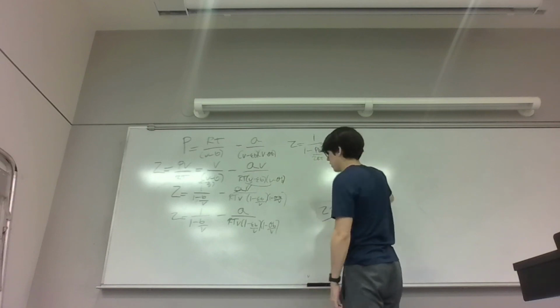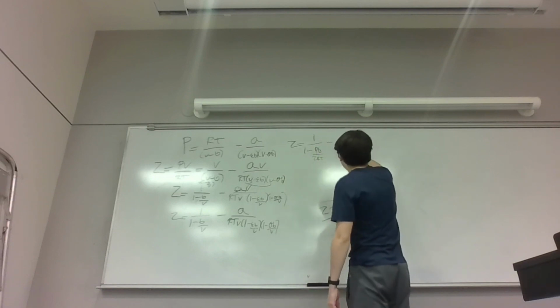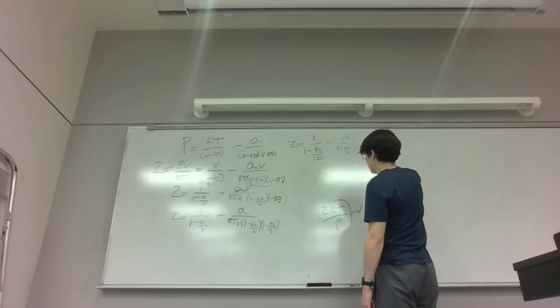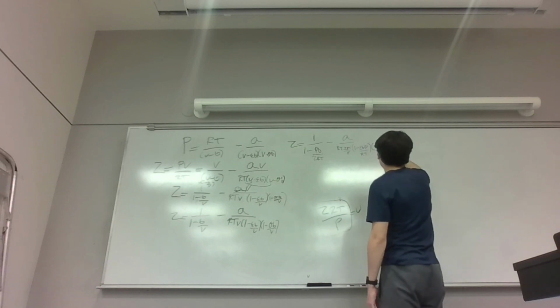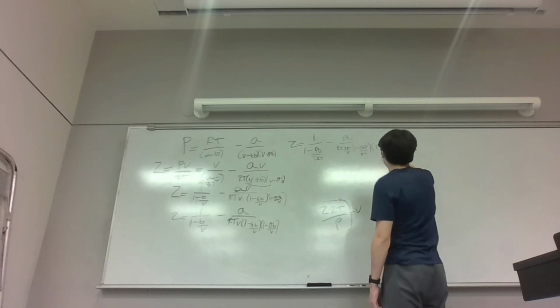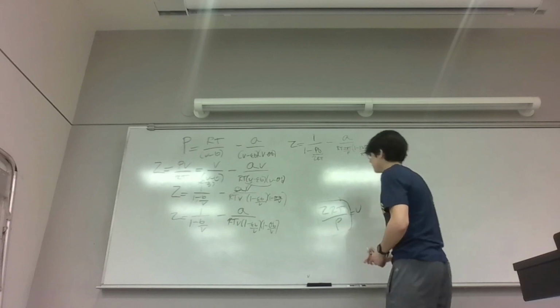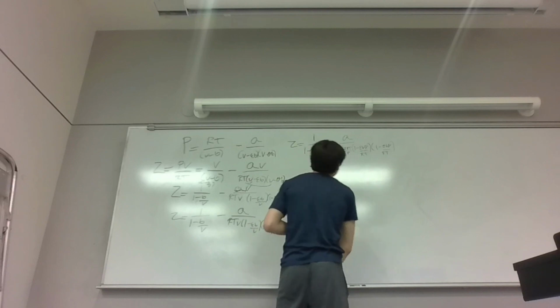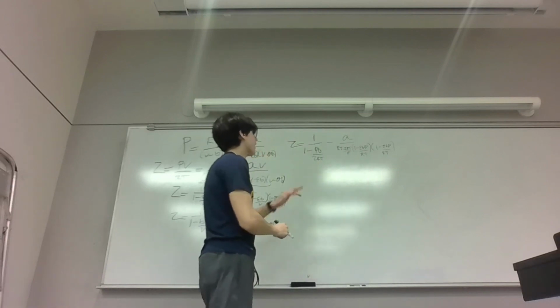And then that's going to be minus a over RT times ZRT over P, times (1 minus epsilon bP over RT) times (1 minus omega bP over RT). That expression looks really complex, but we can simplify it a little bit.